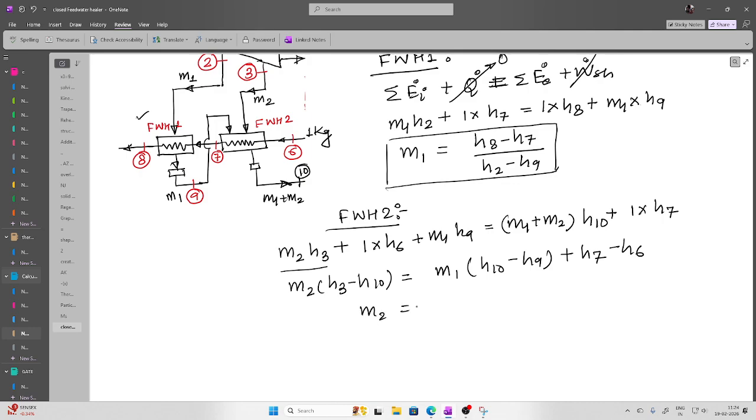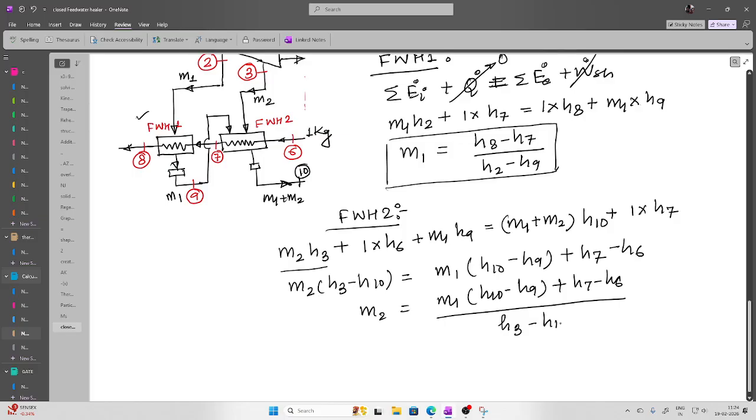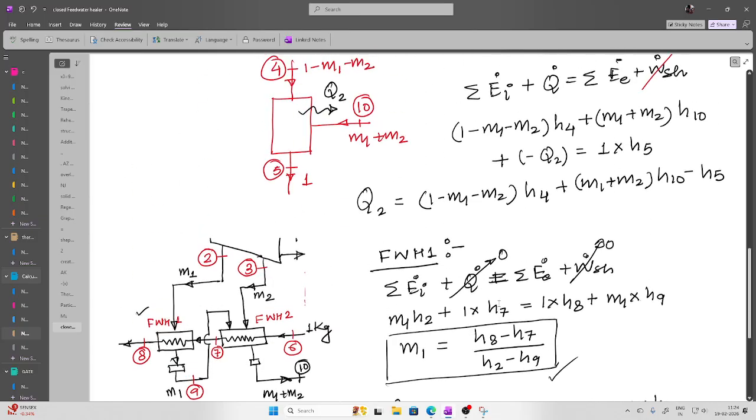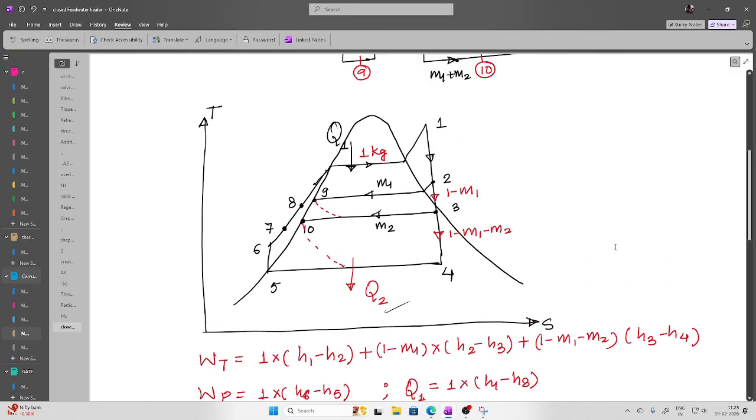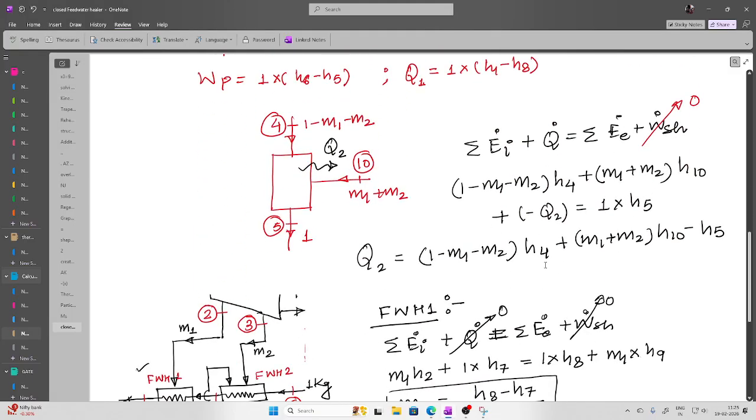So M2 will then be equal to M1 (H10 minus H9) plus H7 minus H6, whole divided by H3 minus H10. Previously you have evaluated M1, so with this value of M1 you can evaluate M2. Once M1 and M2 are known, you can put the values of M1 and M2 in these expressions and evaluate the turbine work output, pump work input, heat Q1 as well as Q2, and then evaluate the efficiency of the plant.